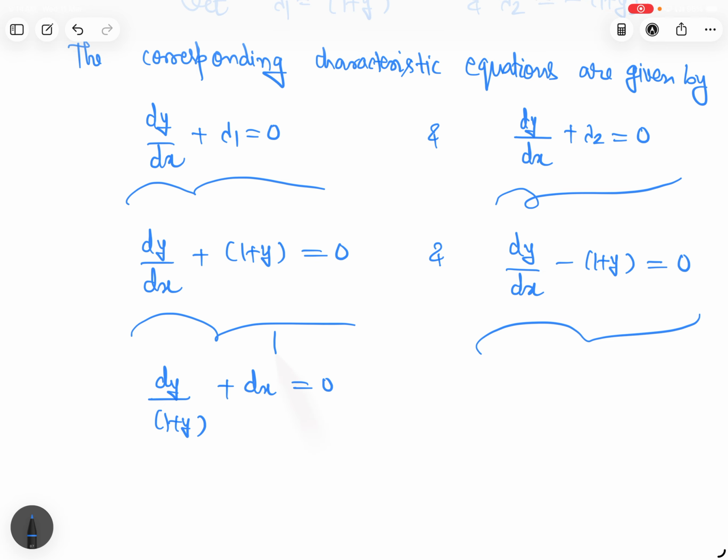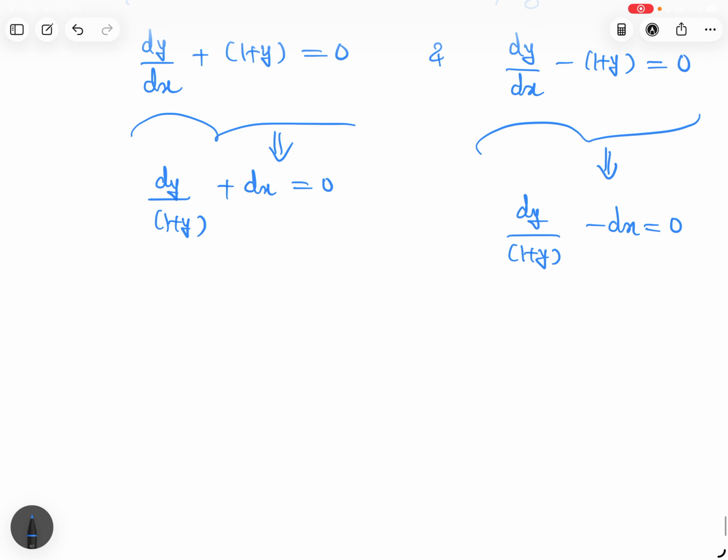So this equation reduces to this, and similarly the other reduces to this. Now integrating both sides, what will you get? Constant c1 will be there.